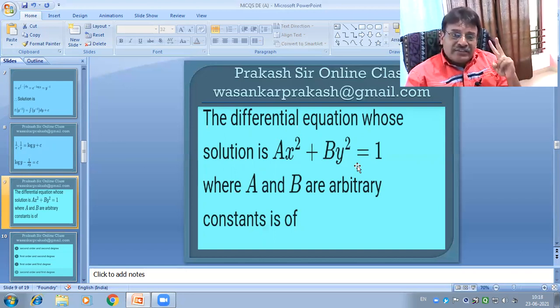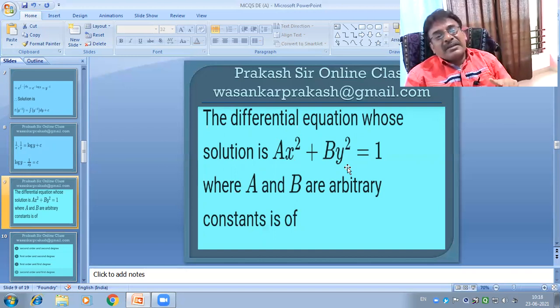So for finding the solution of this equation, we find the first order derivative and the second order derivative of this equation.